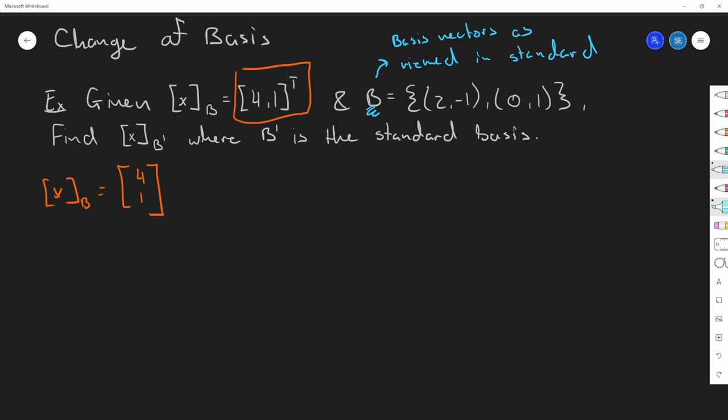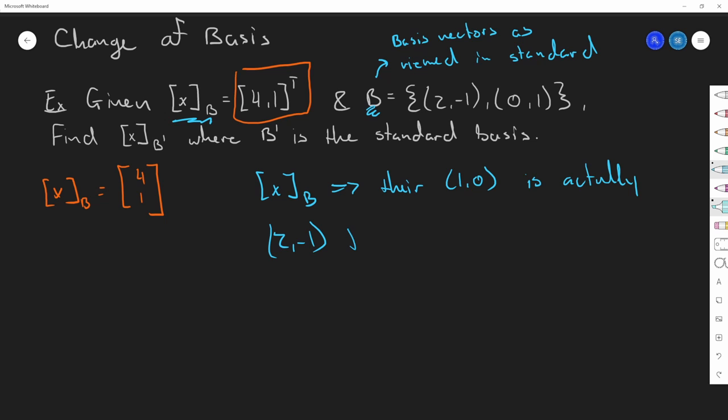Another way of saying this is, for x_B, their (1, 0) is actually, from our general perspective, (2, -1).